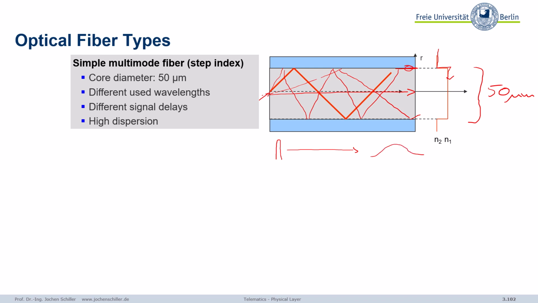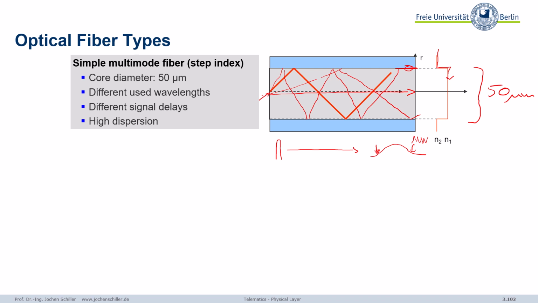You will see this effect of dispersion, because first the single mode in the center will arrive, and then more reflected, and then maybe some of these extreme, often reflected signals will arrive at the receiver. So that's a problem. You will smear this.